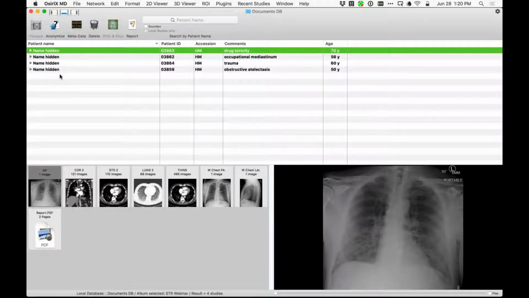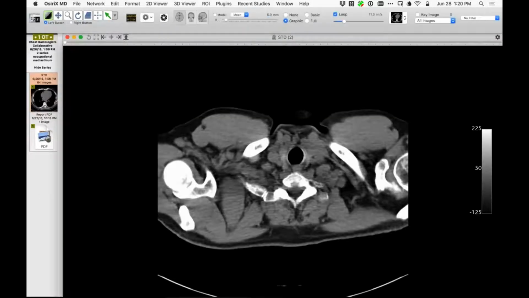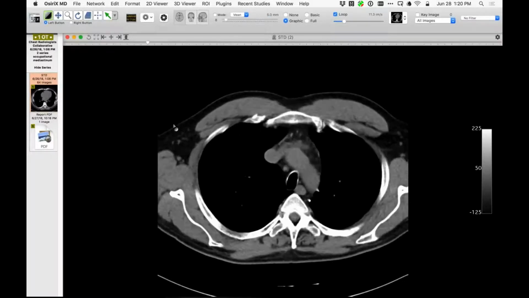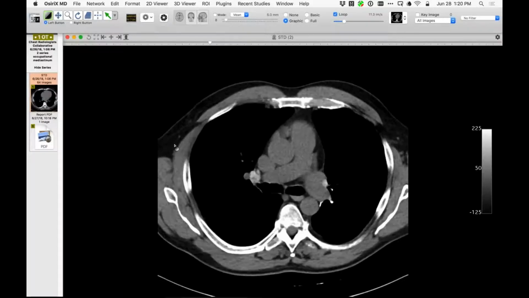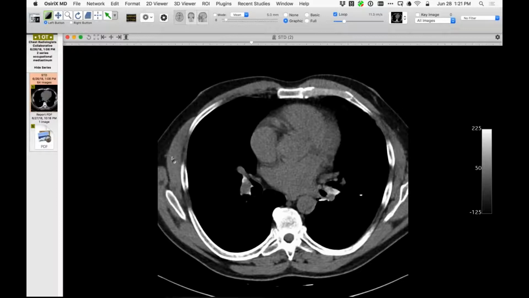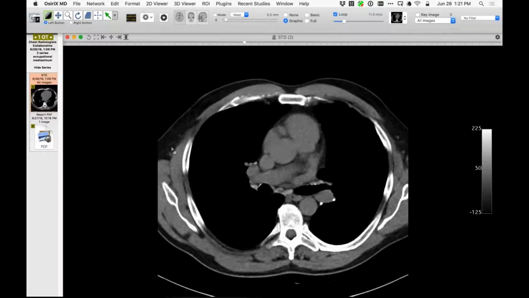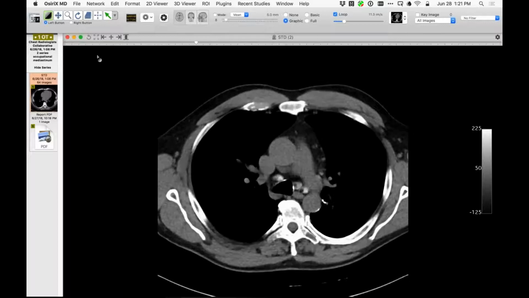Okay, let me show you just an incidental observation. So the finding on this CT are the nodes. Now they're not enlarged, but look how attenuating these nodes are. All the hilar, infrahilar, intrapulmonary, and some mediastinal nodes are really quite attenuating.